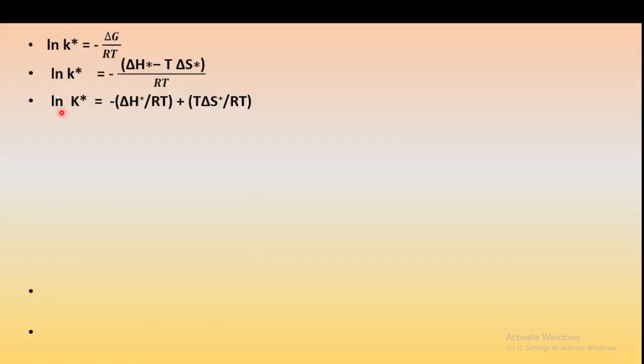So, this equation can be rearranged as ln of K star is equal to minus delta H star upon RT. This RT is divided separately to delta H star and T delta S star. Therefore, we got minus delta H star upon RT, and this minus and minus get cancelled, therefore plus T delta S star upon RT. Therefore, ln gets converted into e raised to power.